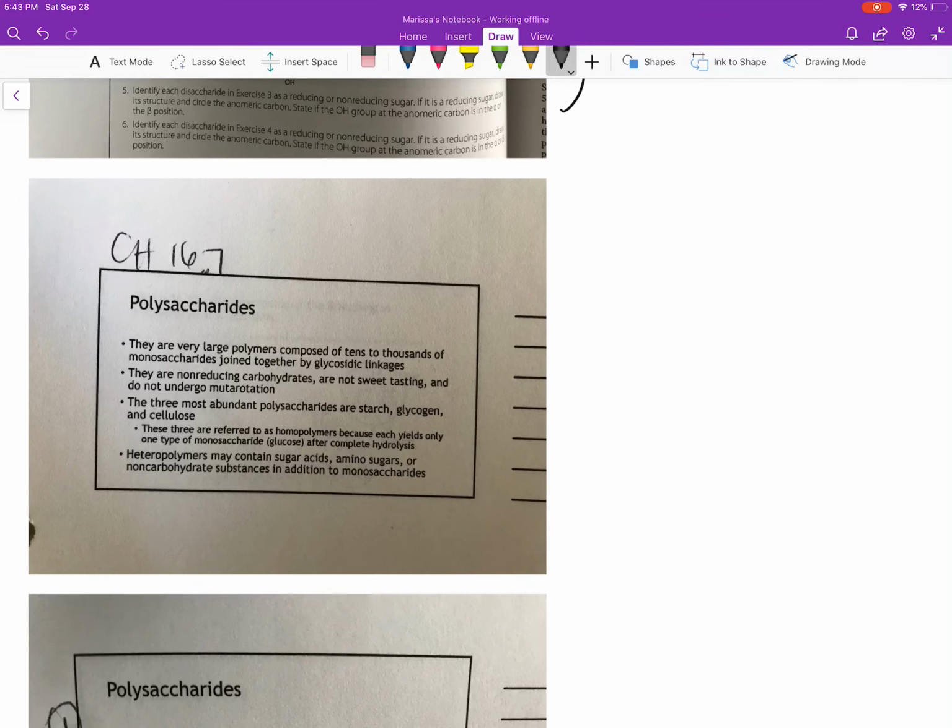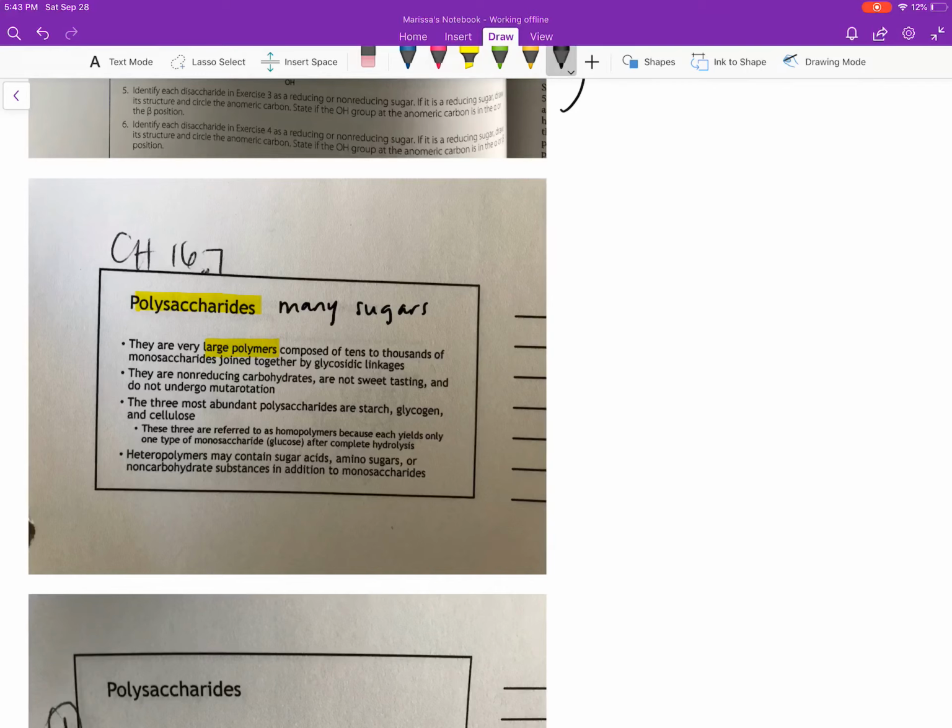All right, so we said earlier that polysaccharides are many sugars, right? So we should expect that we're going to start talking about more monomers coming together, more glycosidic linkages forming, and that's exactly right. When they start to become very, very large, we start calling them polymers, which just really means many things that are being hooked together.